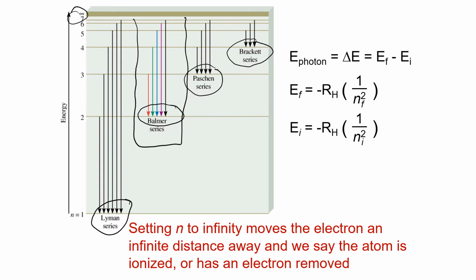We can also say that E initial equals minus the Rydberg constant times 1 over n initial squared. These can be combined, and we can utilize this equation to calculate the energy of a photon. If n initial is greater than n final, a photon is emitted, and the delta E is going to be negative because that energy is lost to the surroundings.